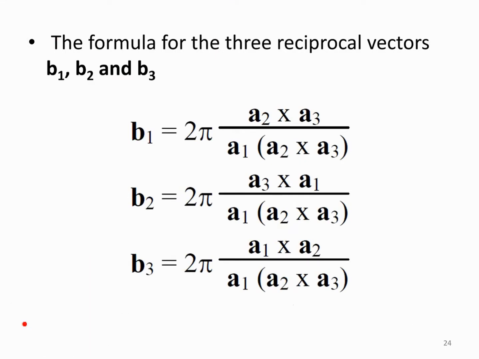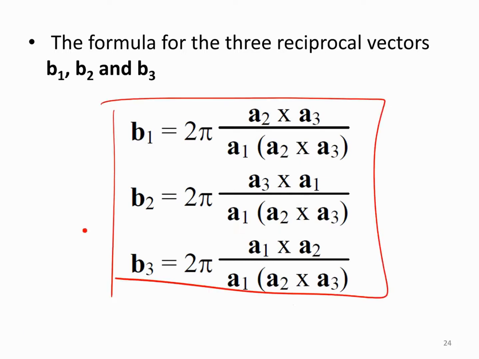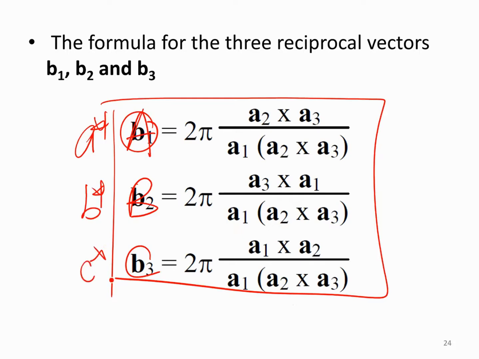Okay, do you still remember this equation? b1 here represents the reciprocal vector, or if you like, you can call them a, b, c, or you can call them a star, b star, c star. They are the same, okay?